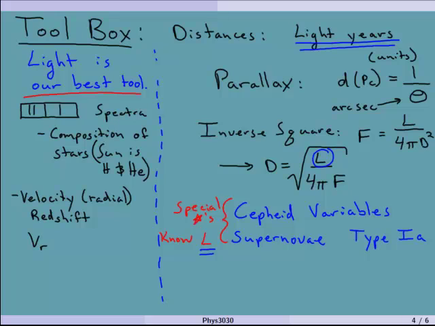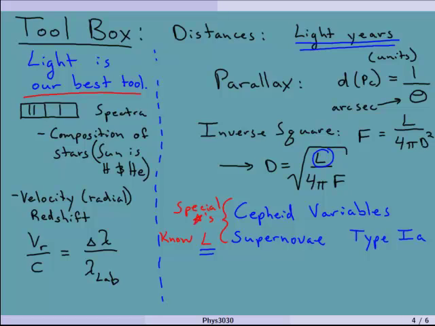And again, that equation, which we just wrote on the previous page, is the radial velocity over the speed of light is the change in the wavelength over the wavelength in the lab. Okay? These are pretty easy formulas, and we're going to use these. You'll see this stuff come up over and over again. Okay? And so that's our toolbox of what we have.